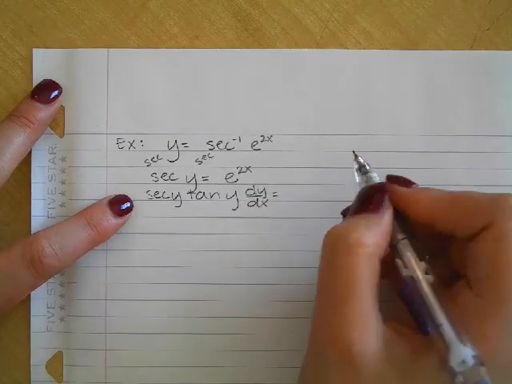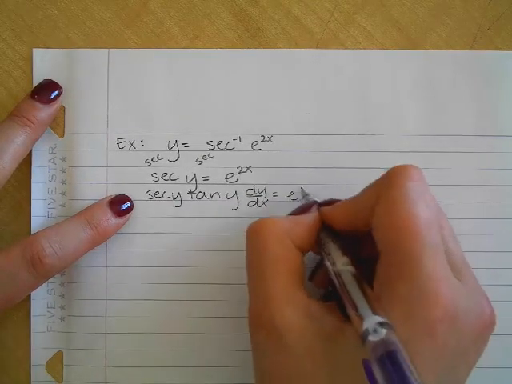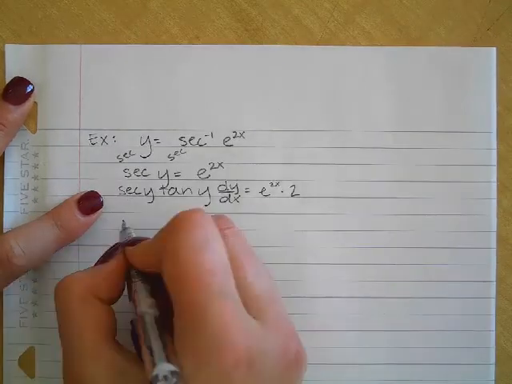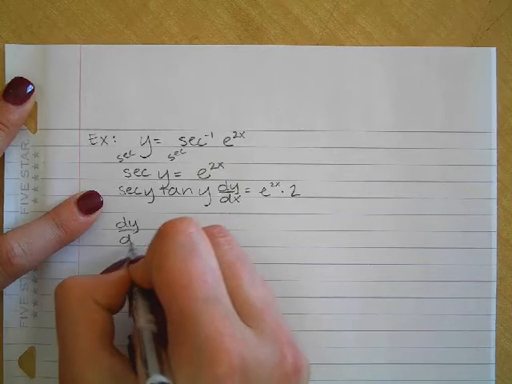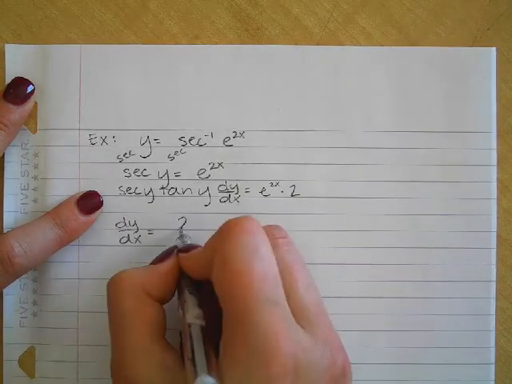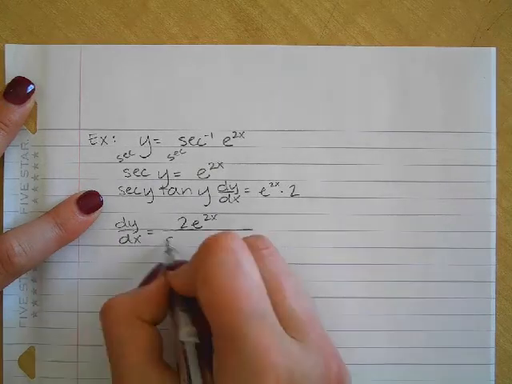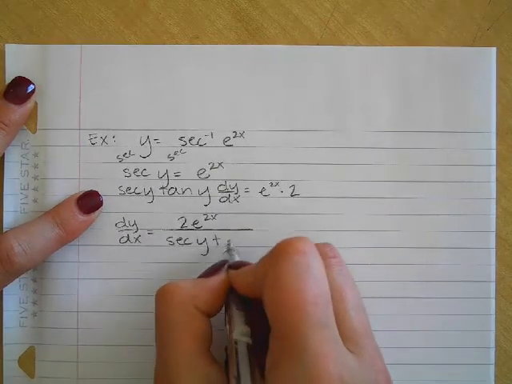The derivative of e to the 2x would be e to the 2x multiplied by 2. And so dy/dx is 2e to the 2x divided by secant y tan y.